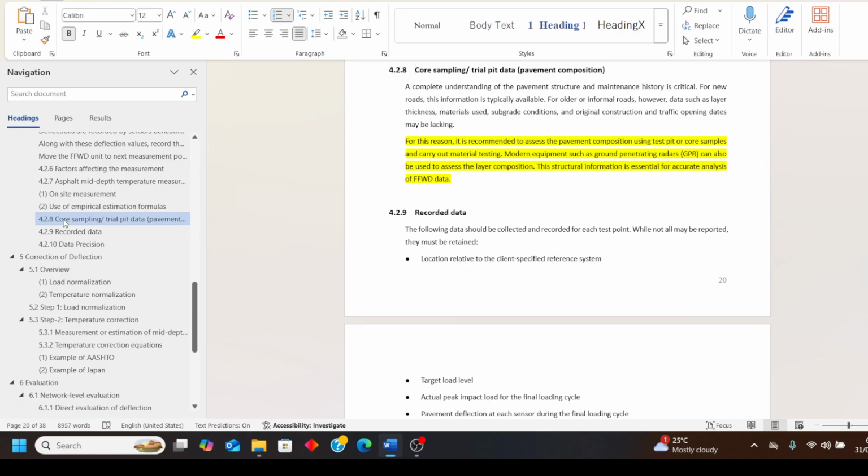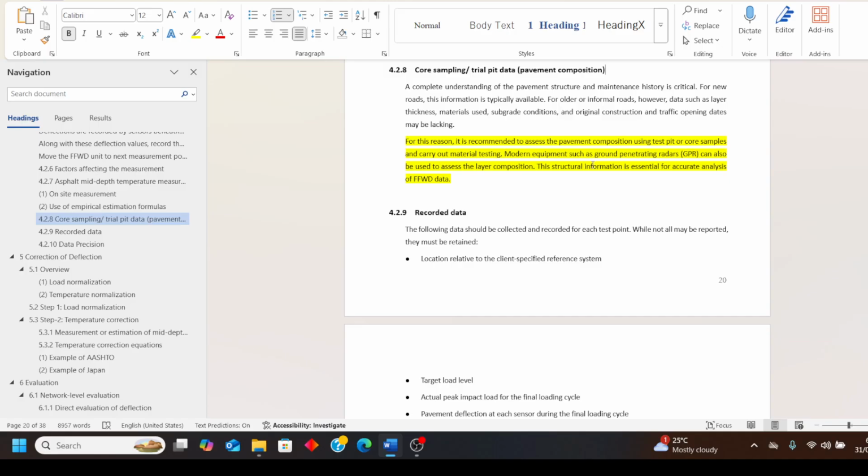So what we can do is take core samples, which are cylindrical pavement cuts, or do trial pits, which are small excavations, or go for the non-destructive testing method, which is GPR, and we already have this equipment available in the department.